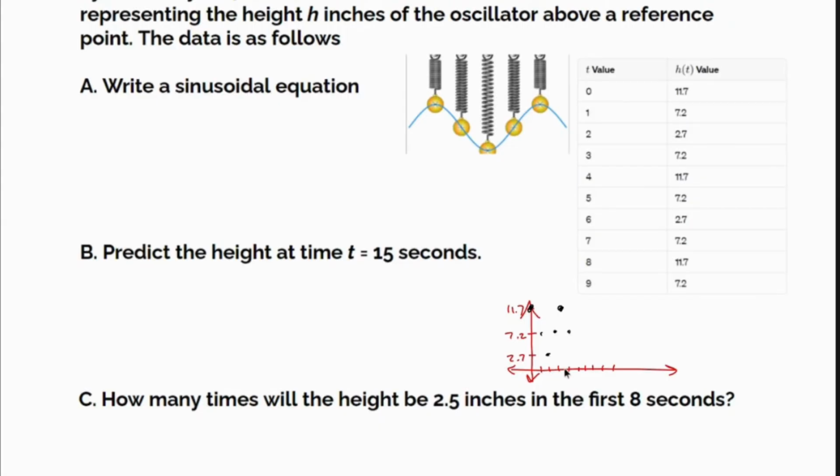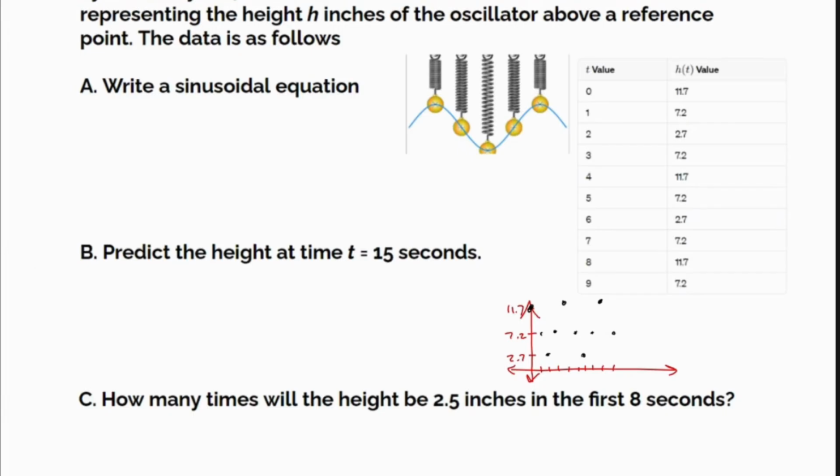1, 2, 3, 4, 5. So what is this? 1, 2, 3, 4, 5, 6 is down here at 2.7. 7 is 7.2. 8 is 11.7, and then 7.2 to close you out.